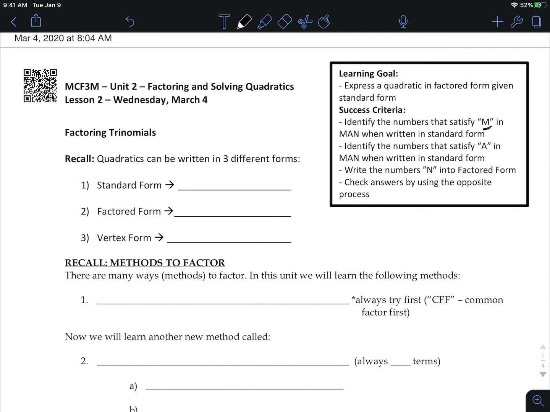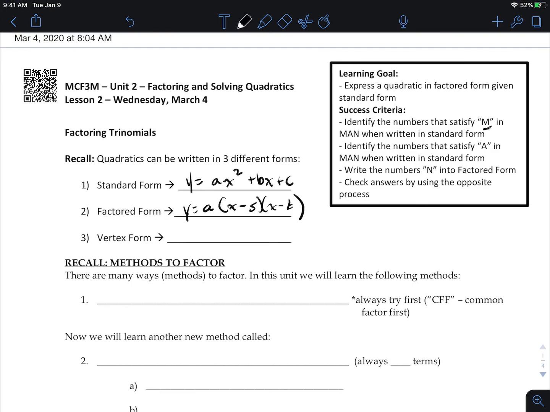Okay, so just a quick recap. Standard form is written y equals ax squared plus bx plus c. Factored form is going to look like a(x minus s)(x minus t), right?